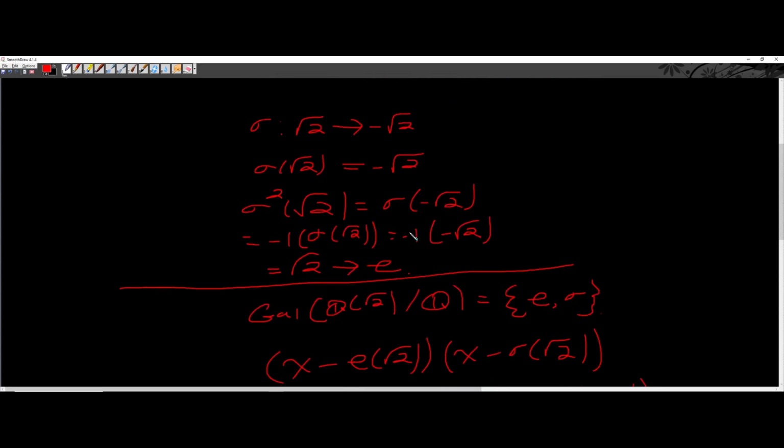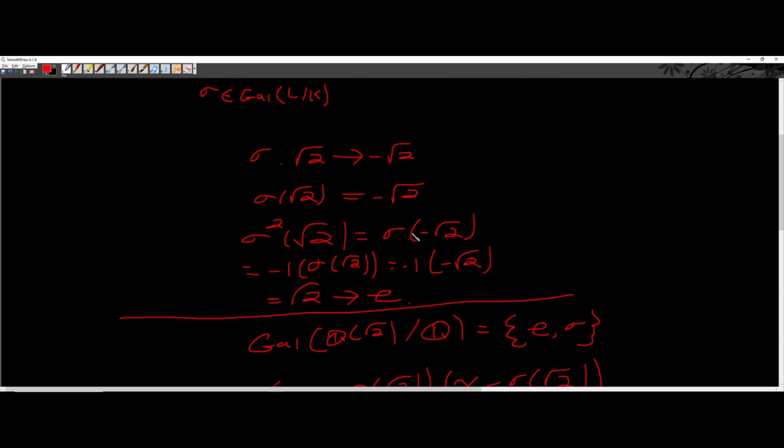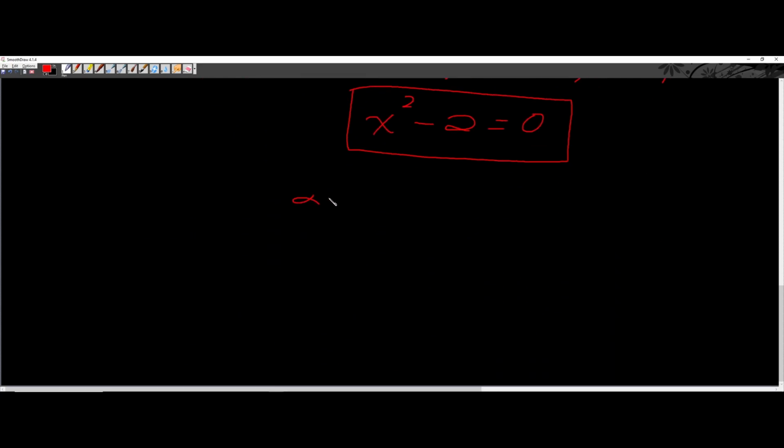And that's about it. It's a little more tedious compared to normally, where we could have just said alpha equals square root of 2, then alpha squared minus 2 equals 0.